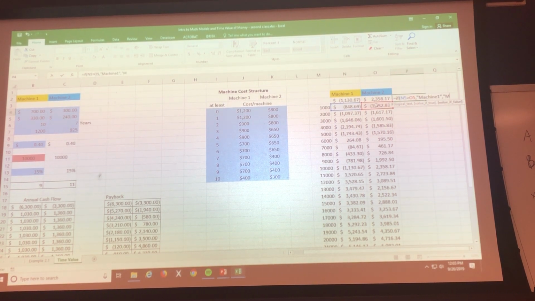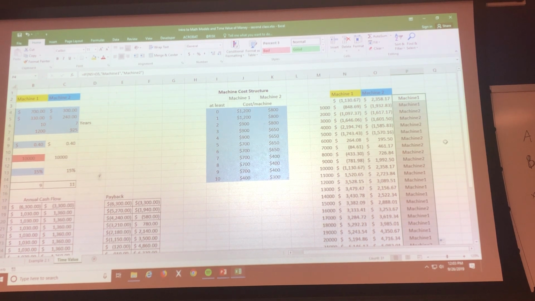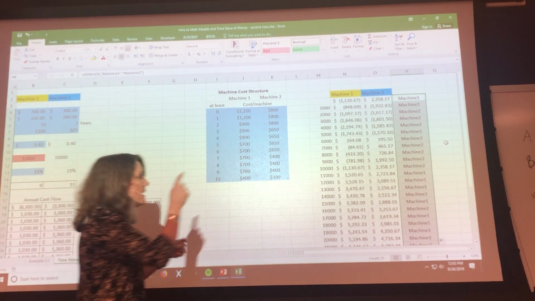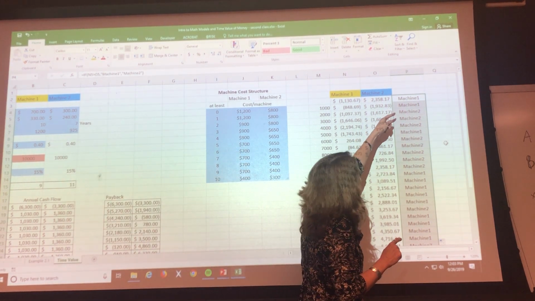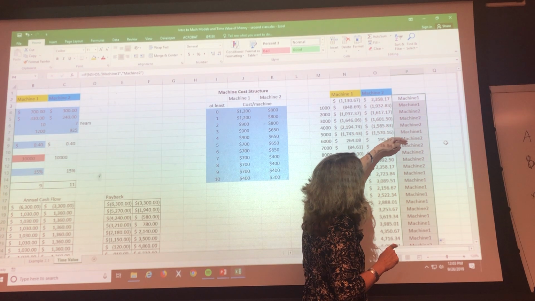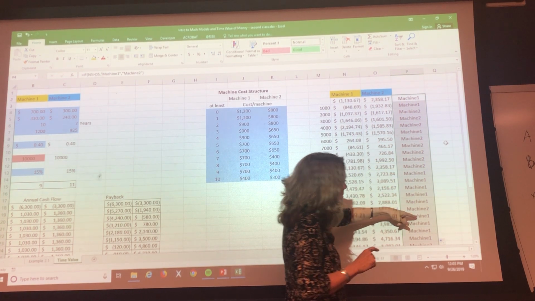If it's not, then I wanna type the text machine 2. So that gives me a little better visual of this, so I don't have to do the numbers really fast in my head. Okay, machine 1, 1, 2, 2, 2, 1, 2, 2, 2, 2, 2, 1, 1, 2, 1, 1.